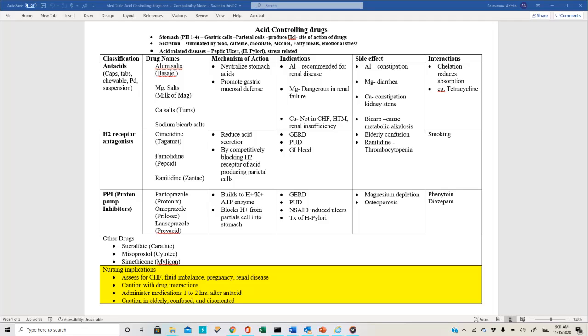So the main job of the hydrochloric acid produced by the parietal cells is to predominantly help in digestion. Keeping that in mind, you already know that smoking, NSAIDs, stress, and most importantly, H. pylori cause erosion or problems in the stomach gastric mucosa, thereby having the patients exhibit pain and sometimes GI bleed because of the peptic ulcer disease.